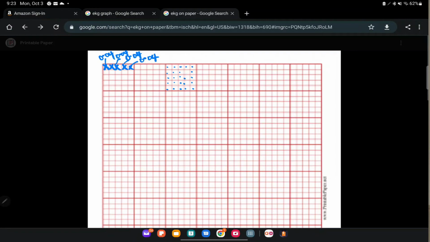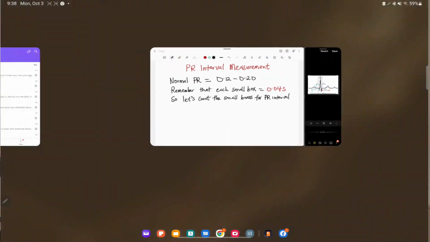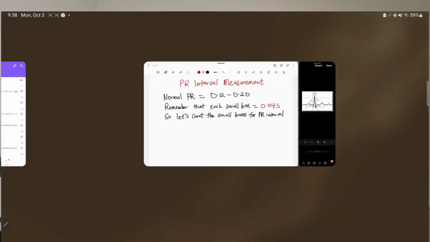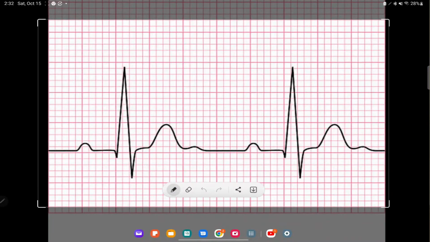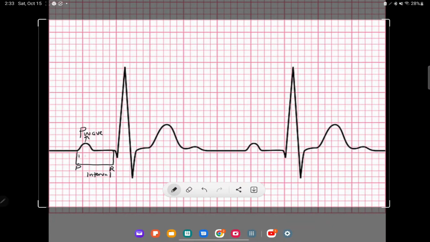Now, let's look at the PR interval. In this EKG graph, the PR interval spans across 6 small boxes. And we said that each small box is 0.04 seconds.